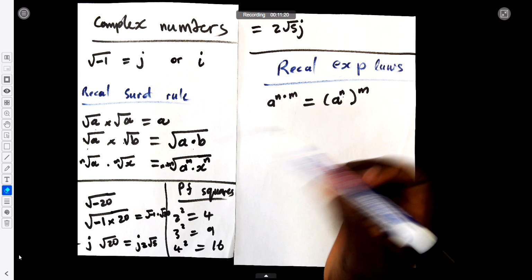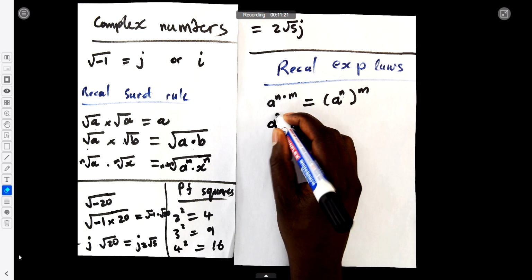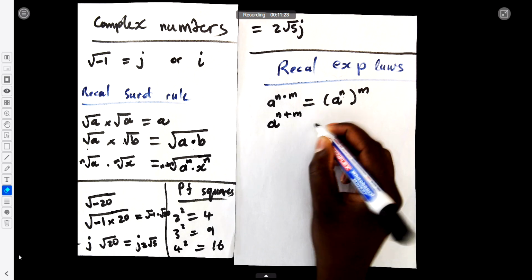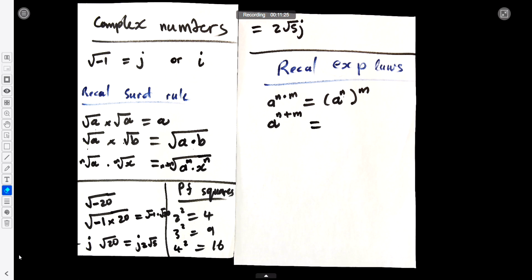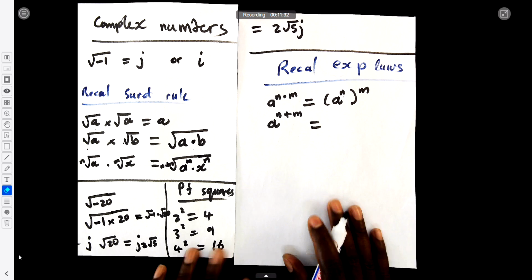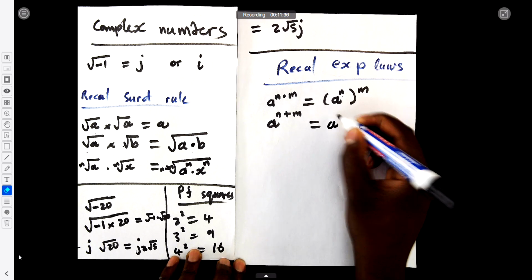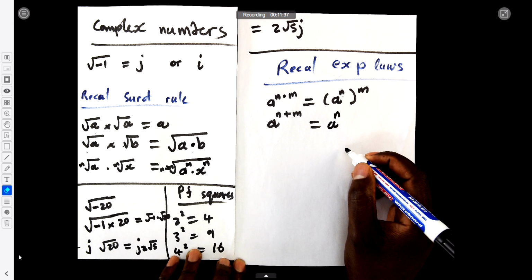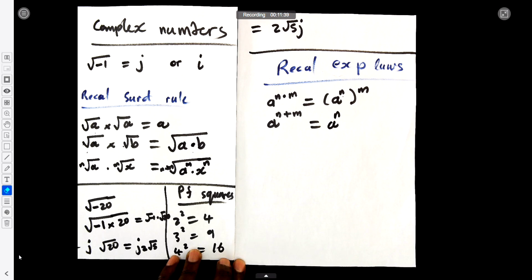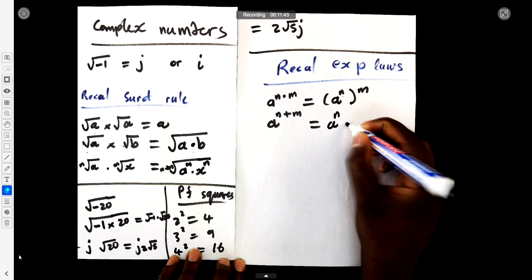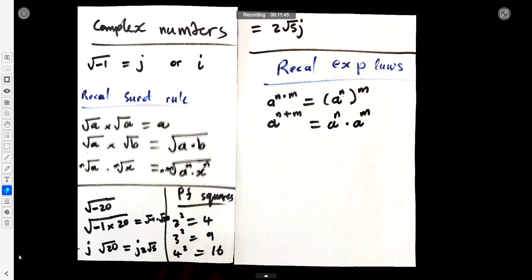Okay, the other law: let's say we have n plus m. Now we have addition in the exponent, in the index. The rule says that if you have addition, it means it came from multiplication of similar bases, so a to the power of n times a to the power of m.